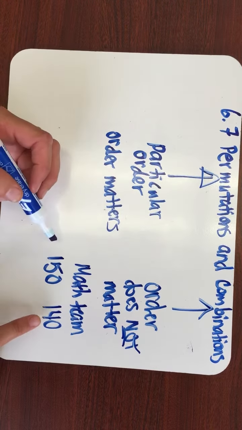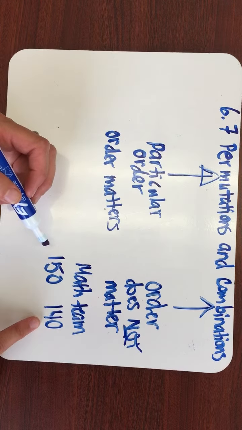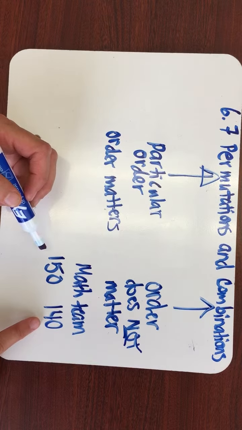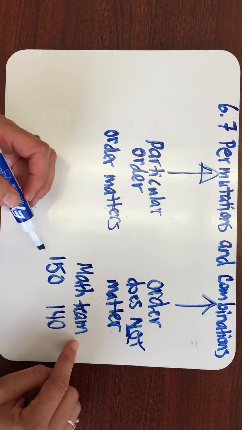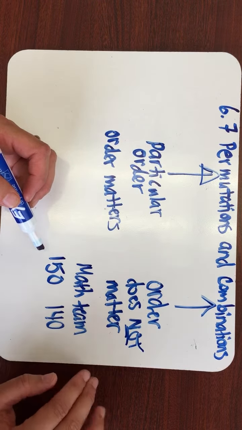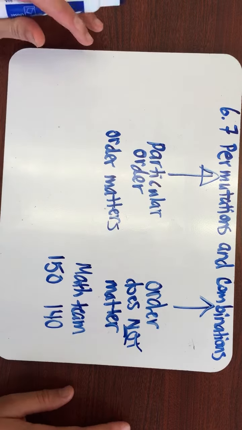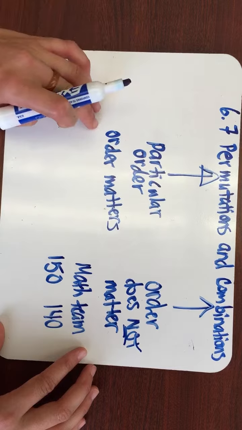Then it doesn't matter which order I name all of my students in. It means if I call your name, then you're on the math team. It doesn't matter if I call your name first or second or third or last. So that would be a type of combination rather than a permutation.